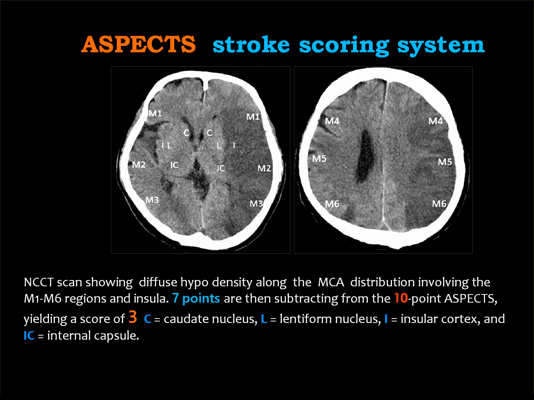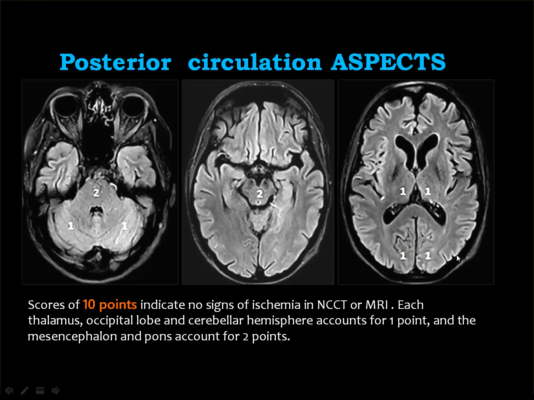And many times when they give the patient the systemic thrombolytic agent, he bleeds either in the brain or any other site in the body. And this is the value of this ASPECTS score, and this score is also given for the posterior fossa.